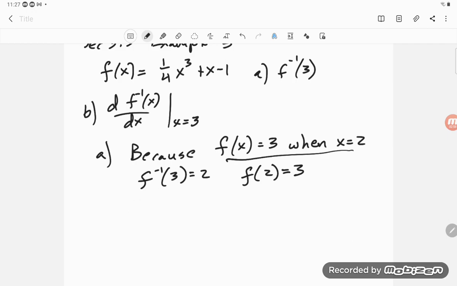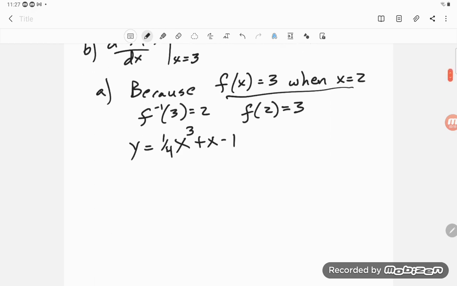But for part A, in essence, I need to either solve very generally. If I first write this as y equals 1/4 x cubed plus x minus 1, then I either need to solve very generally the problem x equals 1/4 y cubed plus y minus 1 for y.